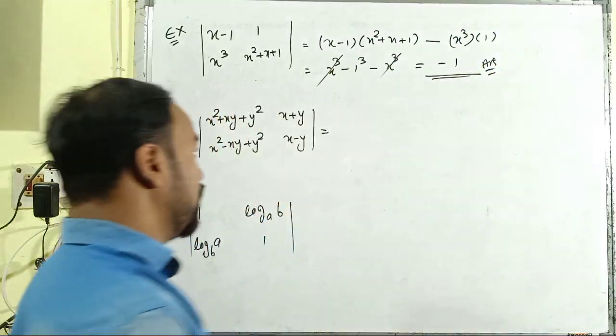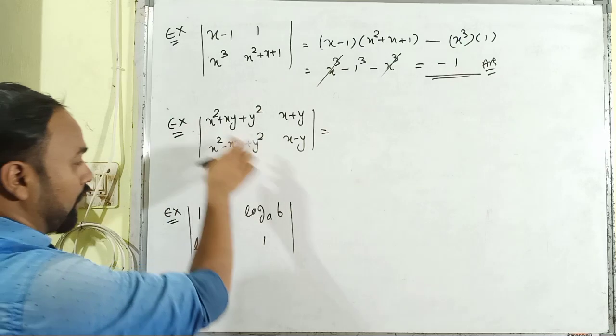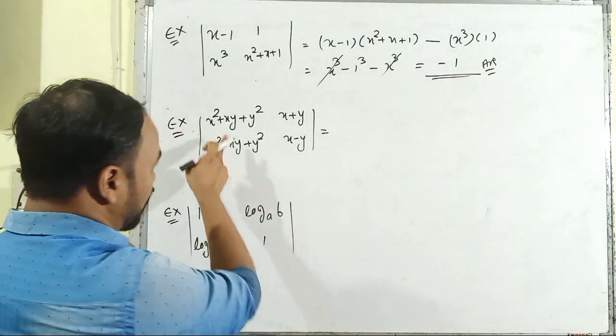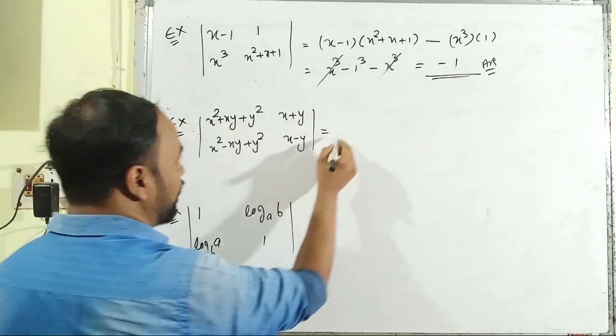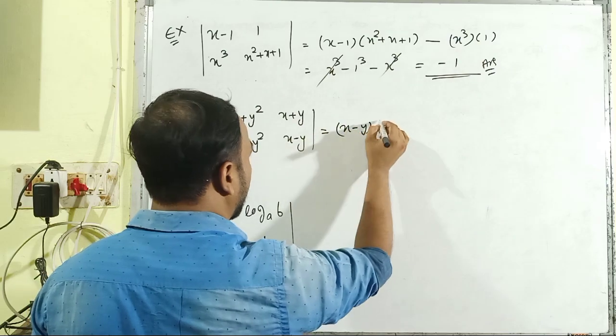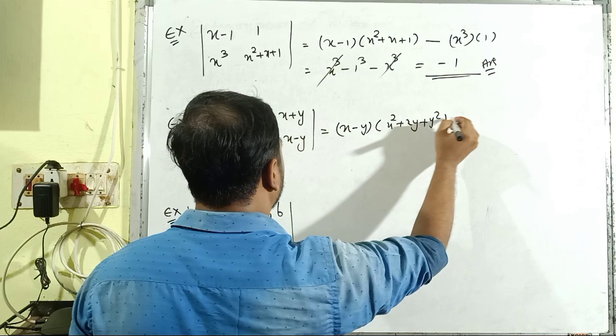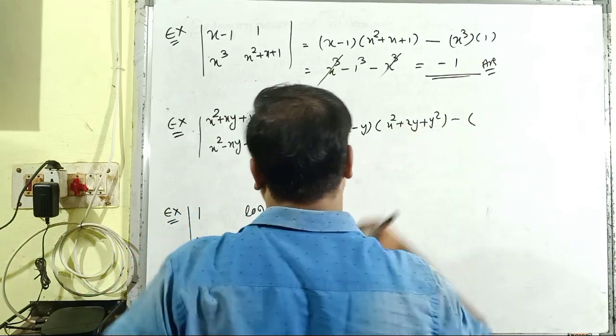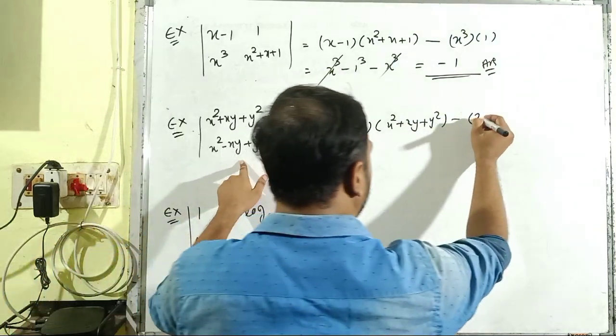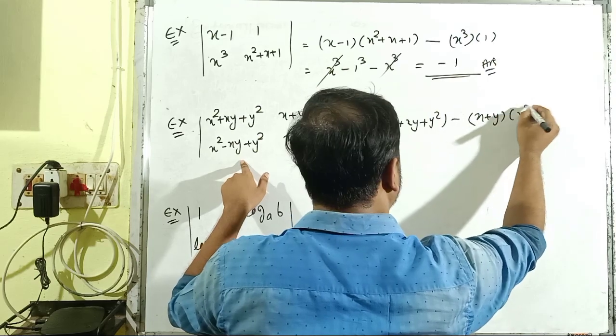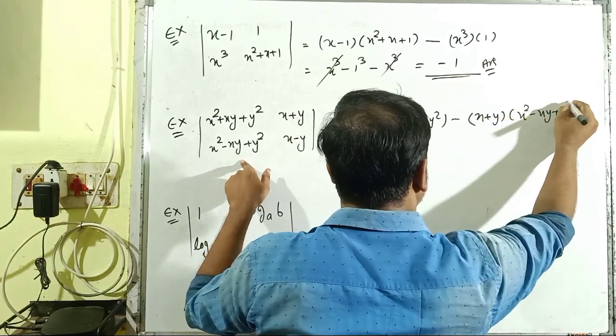Then moving towards the second problem. Again repeating the procedure, first of all multiply the main diagonal elements, that means x minus y multiplied with x square plus xy plus y square, minus the multiplication of the upper diagonal elements, x plus y multiplied with x square minus xy plus y square.